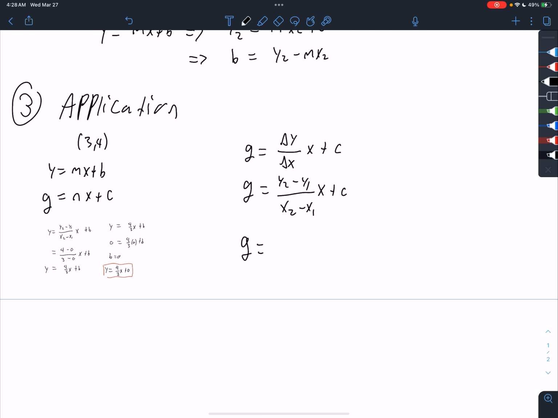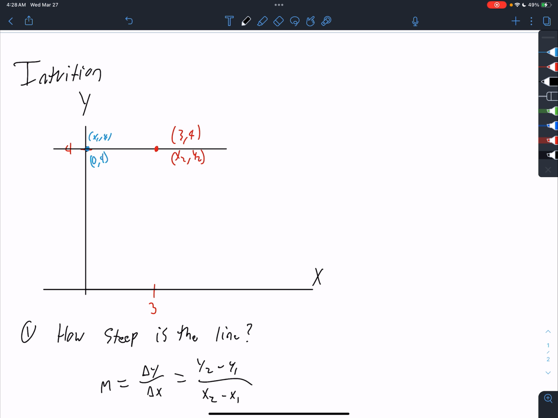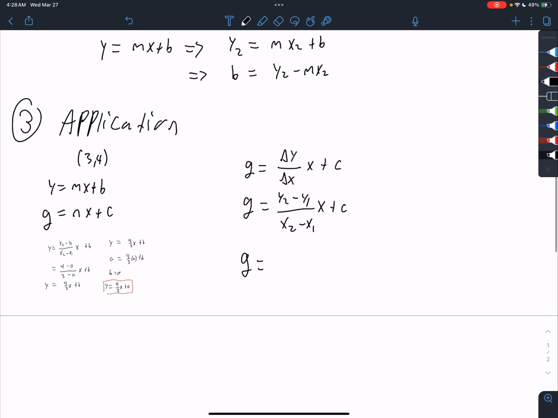And then G is equal to, well, what's our y2? y2 is 4.